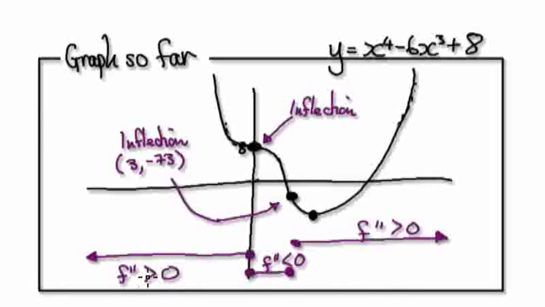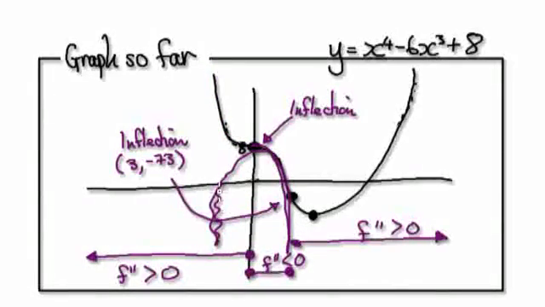If f double prime, the second derivative, is greater than 0, then it's going to concave up. So this bit here is concaving up, which is good. It makes sense. Here this is less than 0, so it should concave down, and it does indeed concave down.